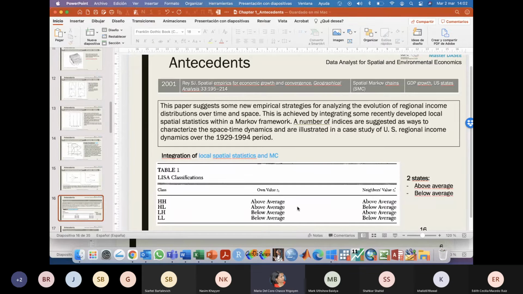In this table that you have here, what Serge Rey did was contemplate two stages for the study variable. They are these two columns: being above the country average, you now must think of regions or states in the United States, so that the states or the regions are above the country average, versus being below the country average.